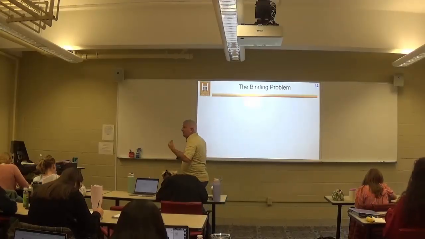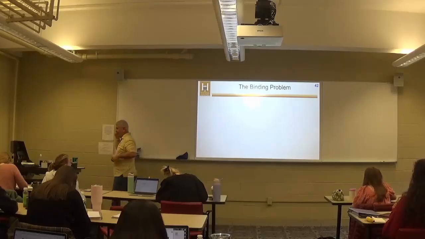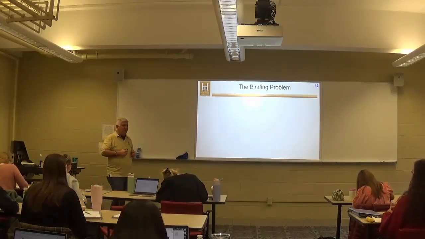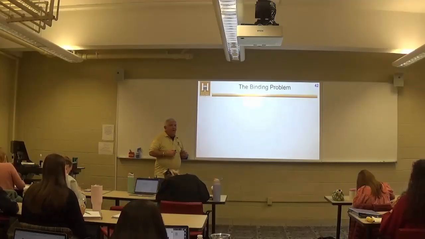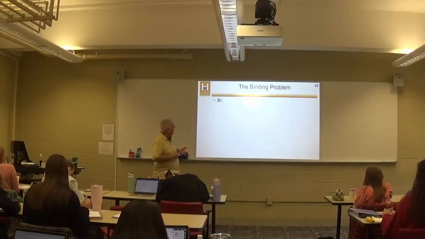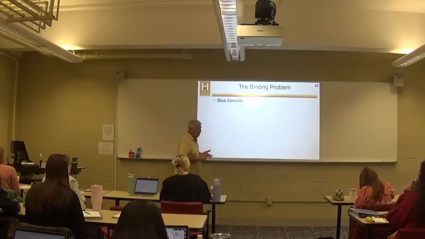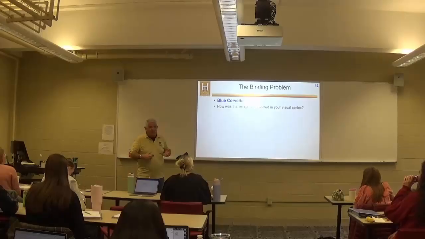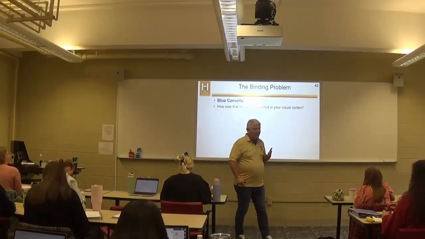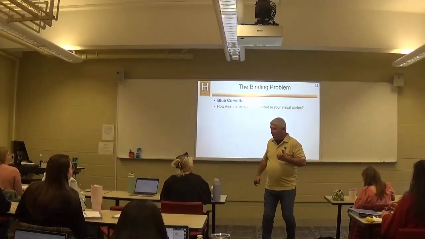So if you look up at the screen, what do you see up here? A blue car, right? And it went across the screen really pretty fast, right? So it's actually a blue Corvette. So how is that blue Corvette represented? What happened in your visual cortex when that flashed on the screen?